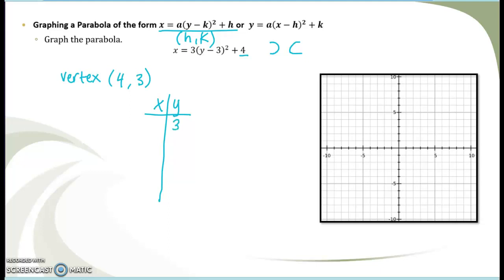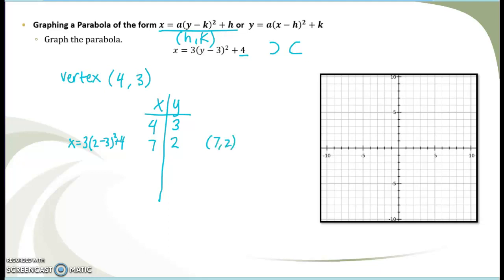If I plug in 3 for y, I will get 4 for x. Now, let's plug in 2 for y. So x is going to equal 3 times (2 minus 3) squared plus 4. We end up getting 7. Now the point is not 2, 7, the point is 7, 2.